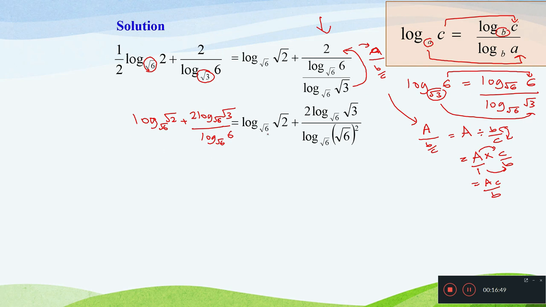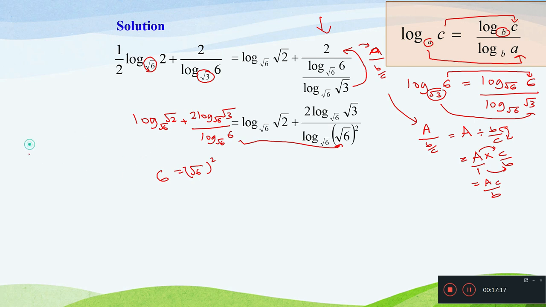Okay, so why is it that we change 6 to be square root of 6 squared? Are they the same? Yes, they do mean the same thing, because when square meets square root, they can cancel off, and the answer is just the same. But why do we change it to that form?